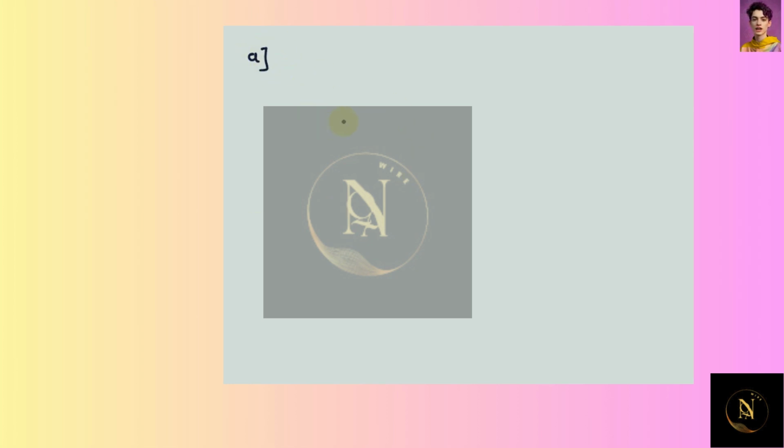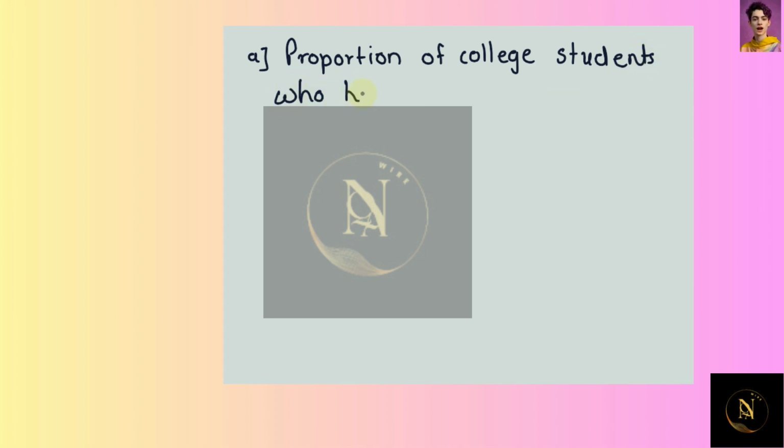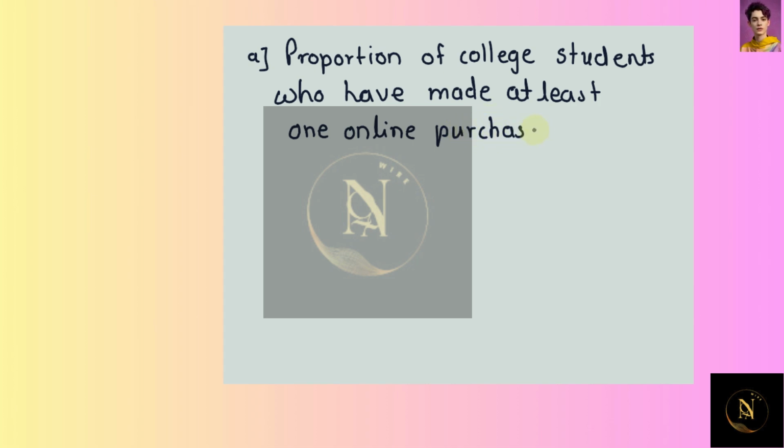Bit B, the parameter of interest is the proportion of college students who have made at least one online purchase in the last 3 months.